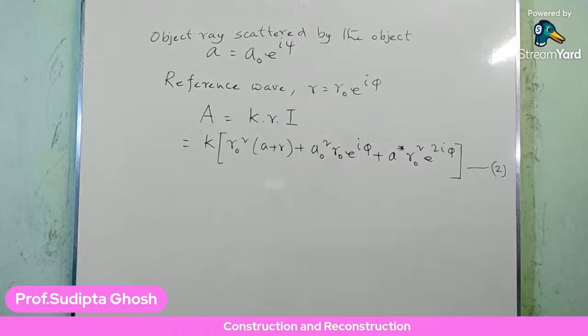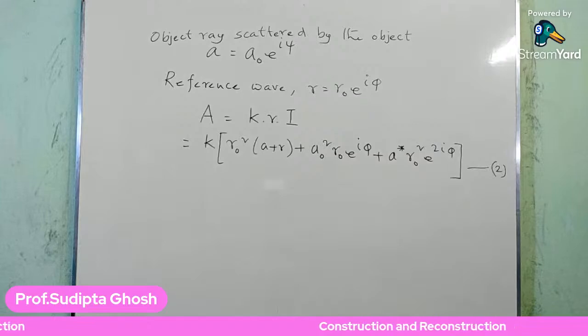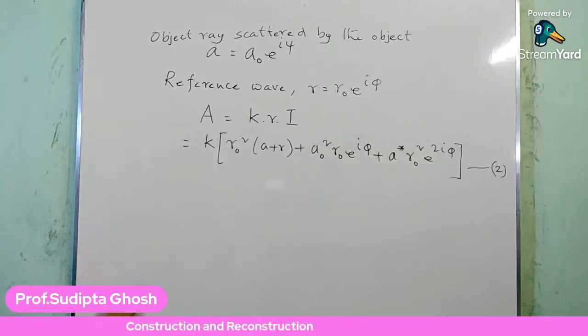Now in this equation number 2, the first term on the right hand side, that is R0 square into A plus R, this is this term.